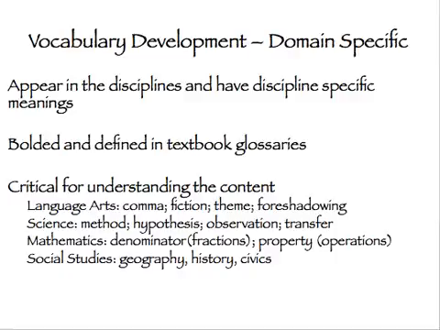Science, and the sciences, of course, are many, and there are many domain-specific context words that are unique to biology, chemistry, physics, etc. But method, hypothesis, observation, transfer tend to go across the science discipline. Denominator, if you're talking about fractions. Property, if you're talking about operations. And there are three major areas within social studies: geography, history, and civics.